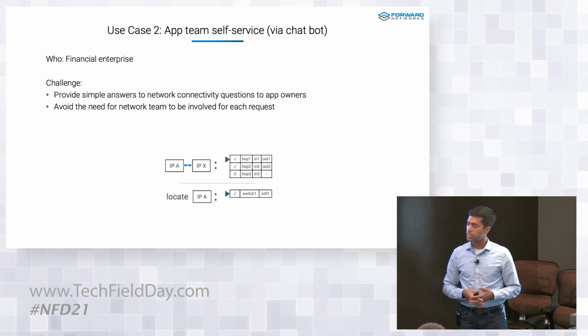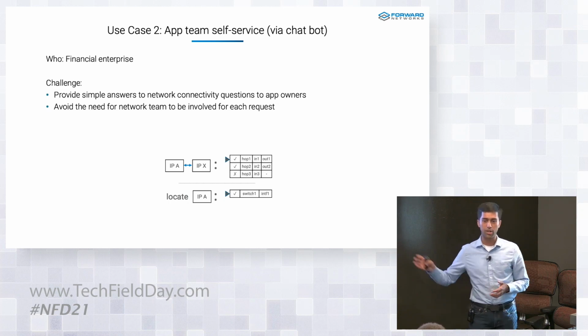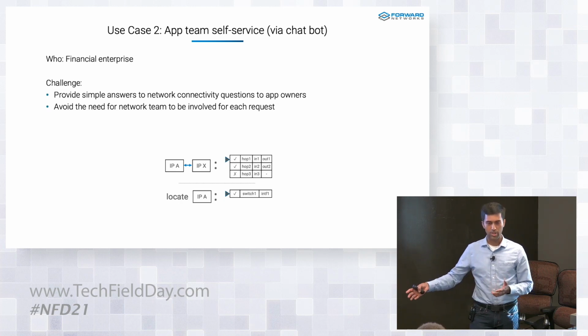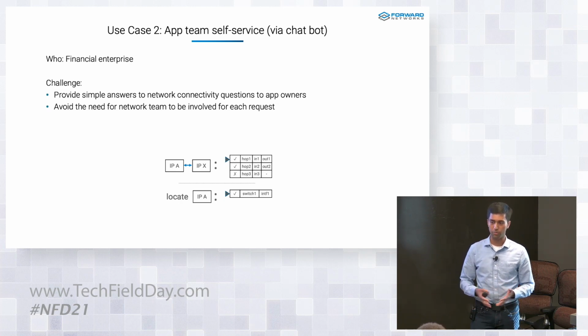The next use case is what I'm going to call an app team self-service use case. The same financial enterprise that originally built out this application for the path checker came to us and said, there's all of this information that we are basically exposing to our network engineers. Why not expose this directly to our application developers?